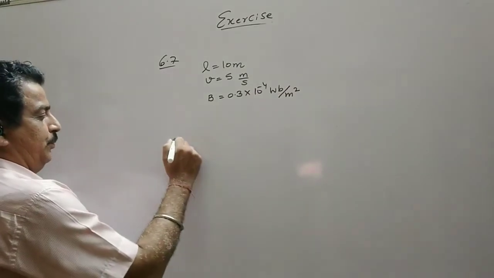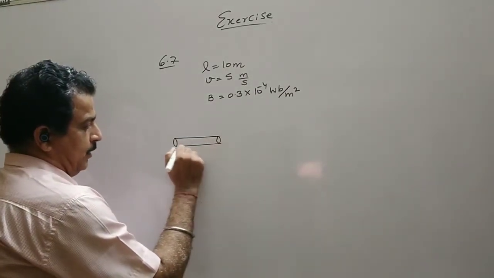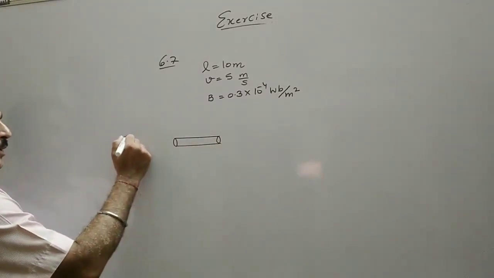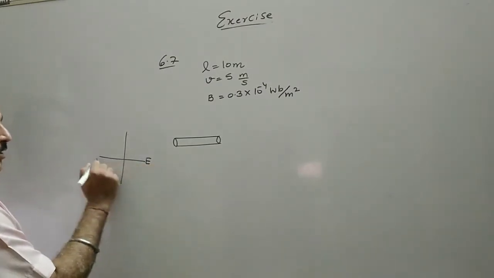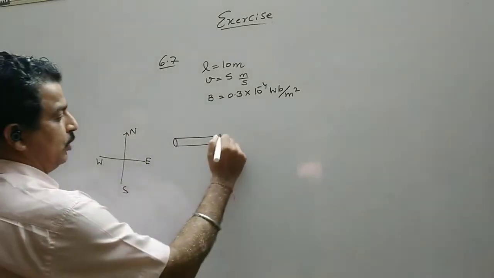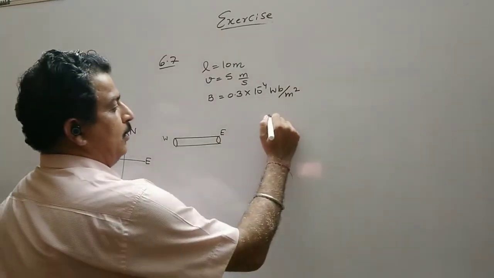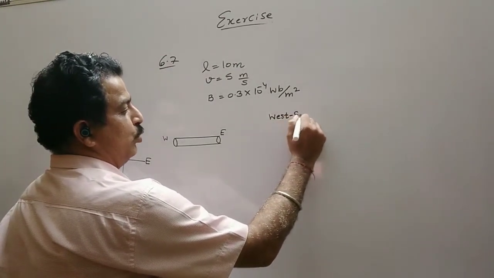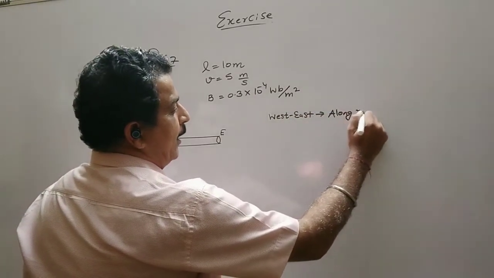So let us assume that this is a wire and we consider the directions like this: east, west, north, south. This end is east, this is west. So west to east is along the x-axis.